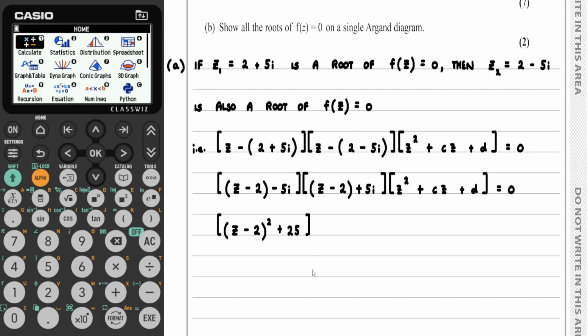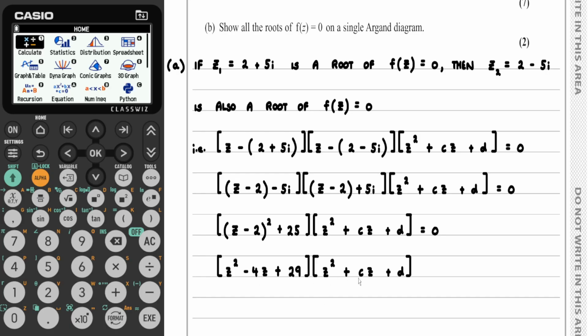And we multiply this by z squared plus cz plus d, and we set this equal to 0. Z subtract 2 squared plus 25, that is z squared subtract 4z plus 29, and we multiply this by z squared plus cz plus d, and this is equal to 0.